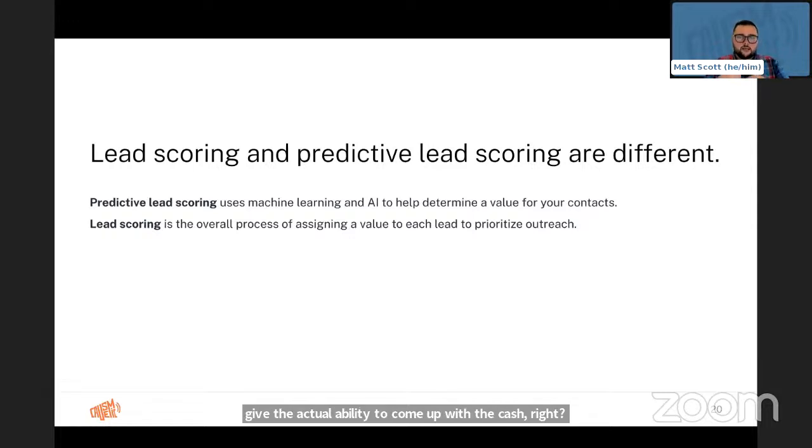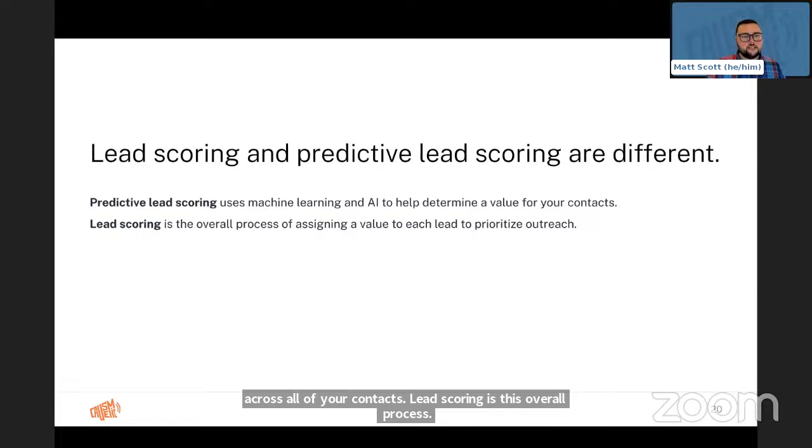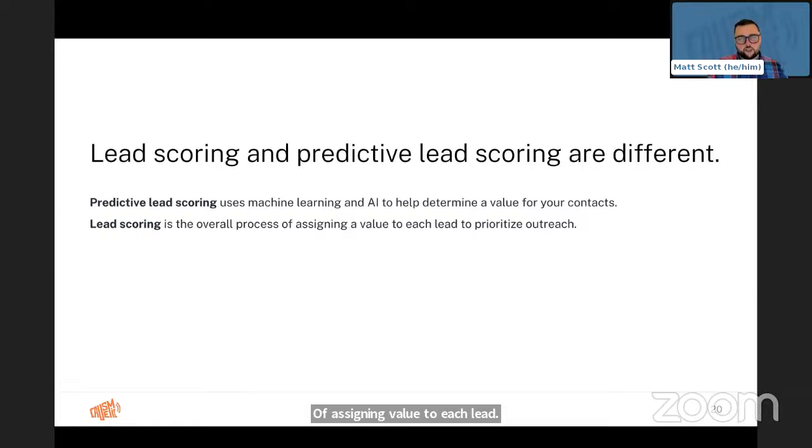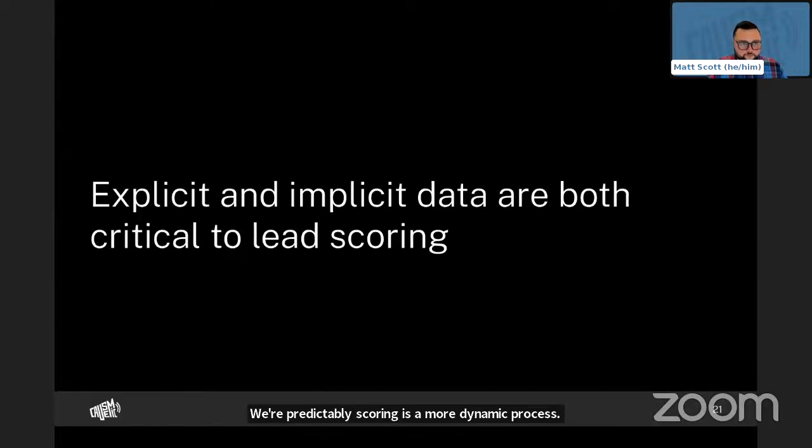But it's doing it automatically, and it's comparing it across all of your contacts. Lead scoring is this overall process of assigning value to each lead to prioritize your outreach. So think about that as a more manual process, where predictive lead scoring is a more dynamic process that happens in the background for you.